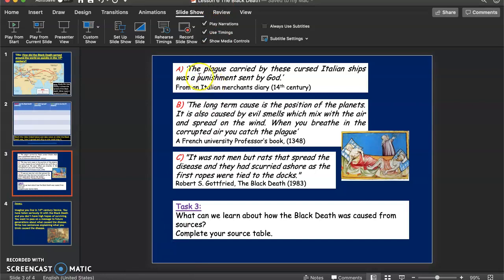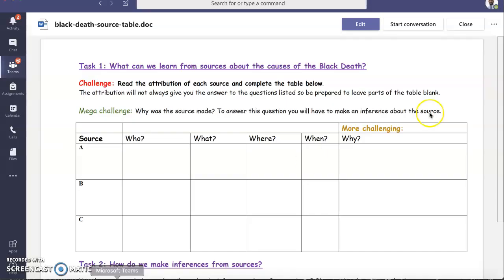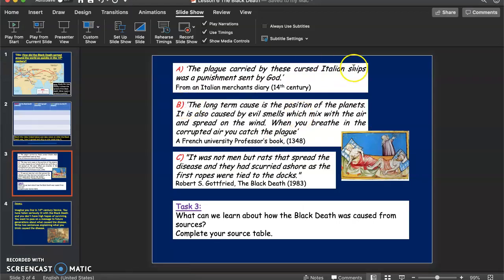So source A: the plague carried by these cursed Italian ships was a punishment sent by God. Right? So what you need to do with that is put a simple statement into the table saying it was spread because, as referred to here, God was unhappy with the state of affairs.